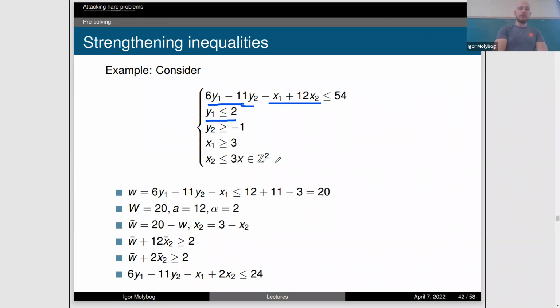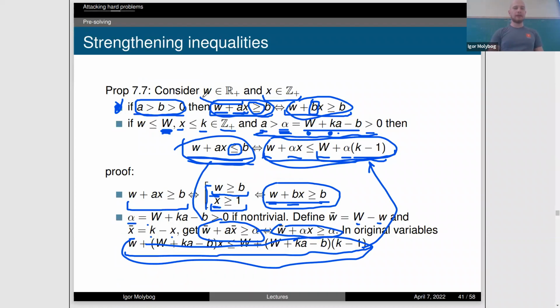It doesn't really matter in this case. So right, the thing that we need to make sure is that it's non-negative.